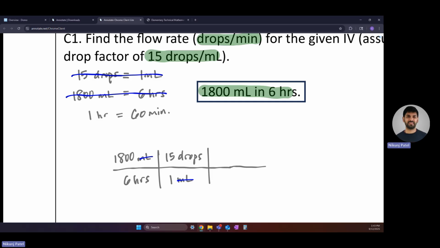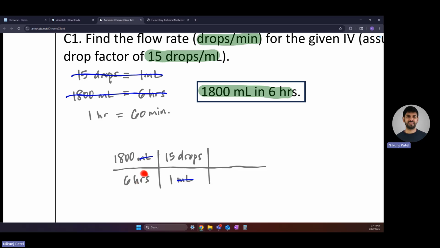Now we see though that we have drops here, and we might be thinking, okay, we want drops down here because that's the pattern we've been following. Now with dosage calculations, that's not always going to be the case. We actually want our answer to be drops, but we want it to be per minute. Right now, if we were to finish the problem, it would be drops per hour because we haven't canceled out the hours. So now what we want to think here is, how do we place this conversion factor here?